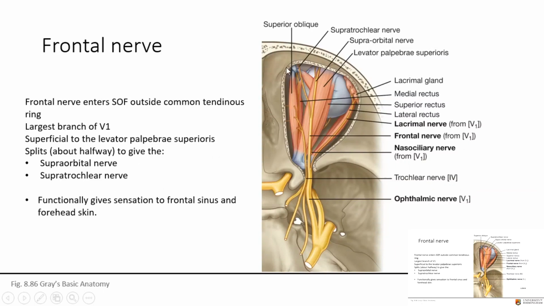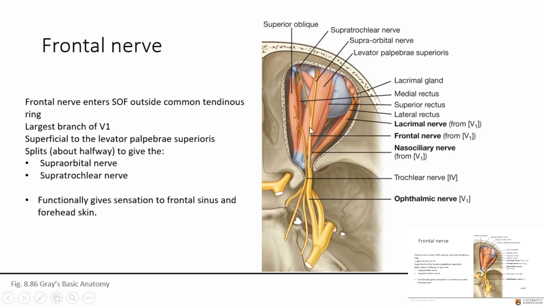So if we go over these branches, the frontal nerve enters outside the common tendinous ring. It is the largest branch.